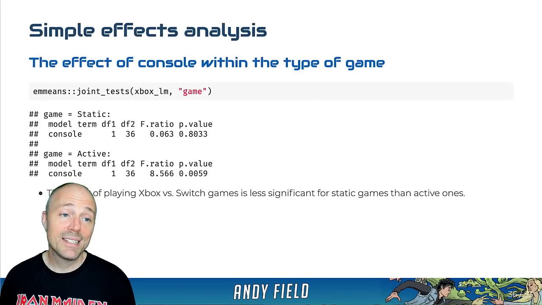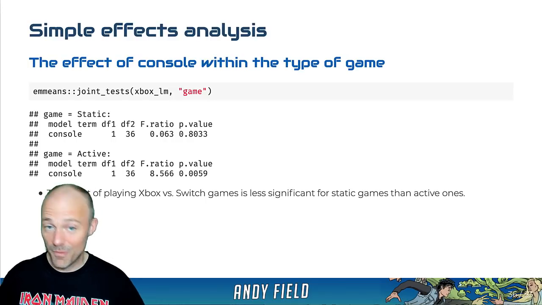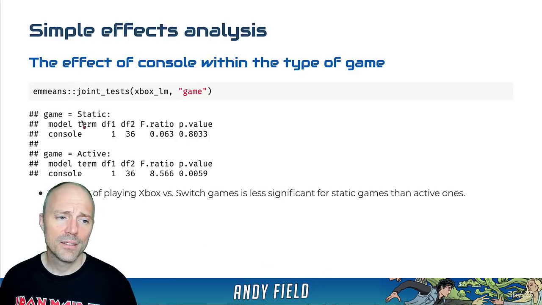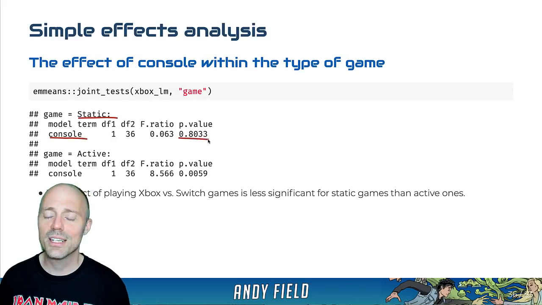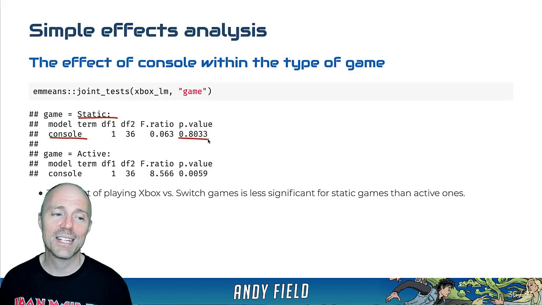Again, we can formally test this with a simple effects analysis. So here we're just flipping how we're doing it. Now we're looking at the effect of console within each level of game. You can see for static games, the effect of console is highly non-significant. The two dots were practically in the same place, so there's virtually no effect there.